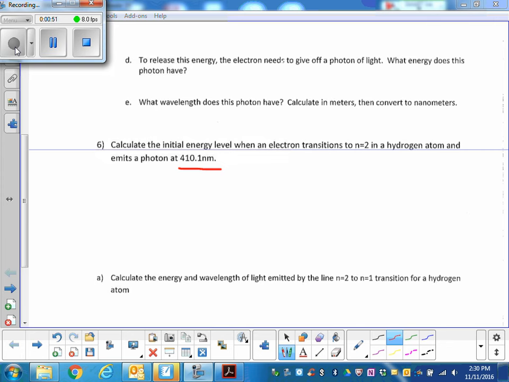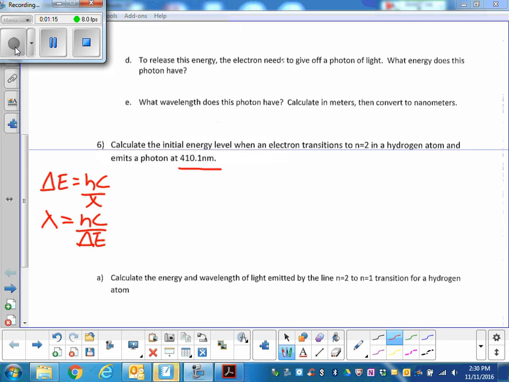So now we need to start with the equation delta E equals hc by lambda, or lambda equals hc by delta E, either or. The wavelength is given. If the wavelength is given, can I find out the energy? Yes.